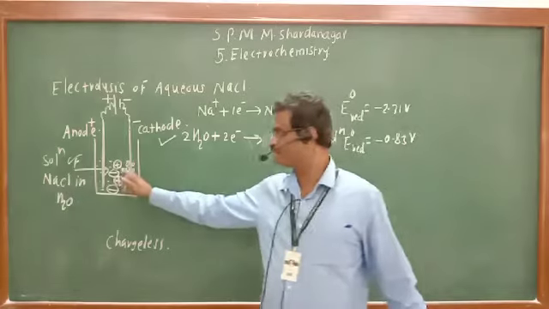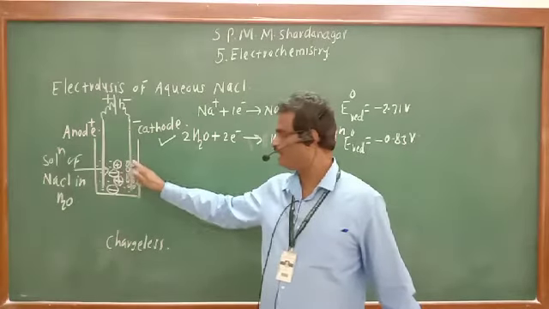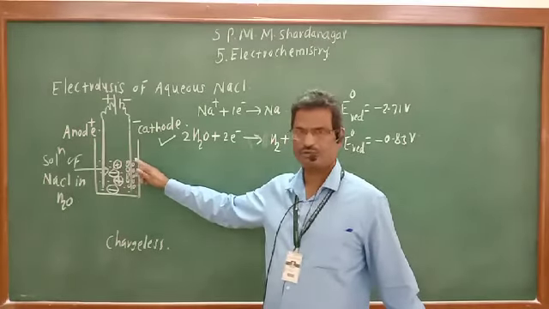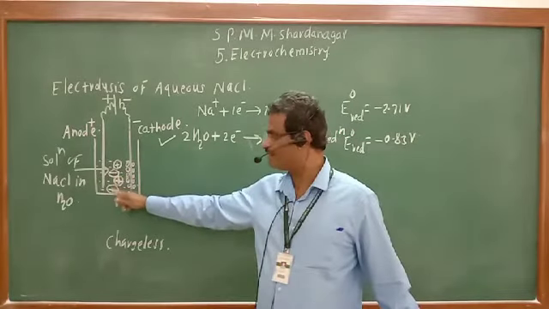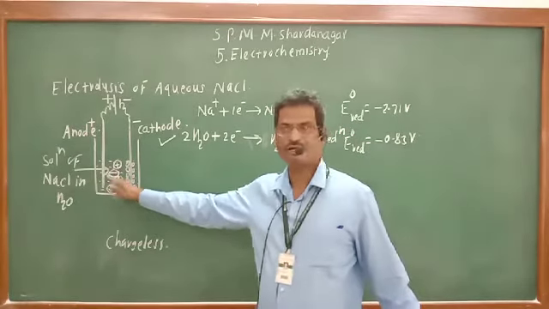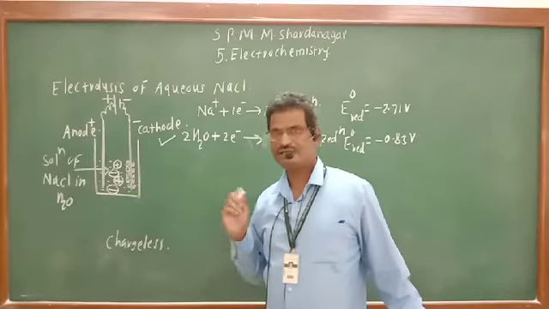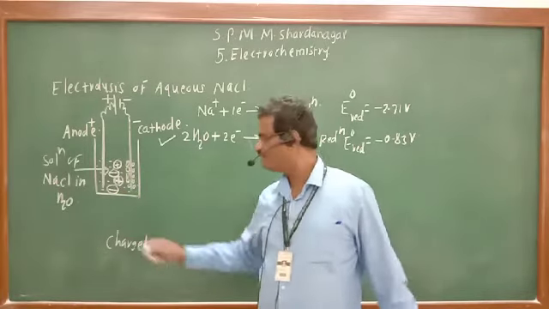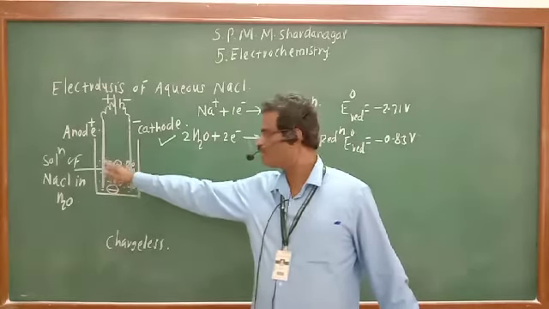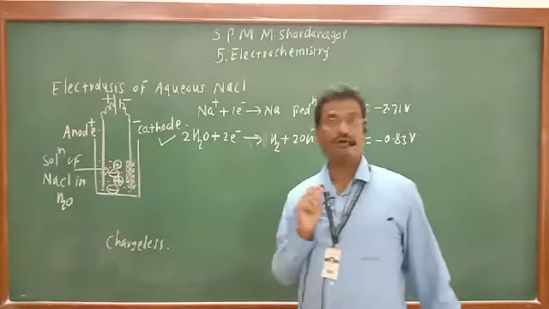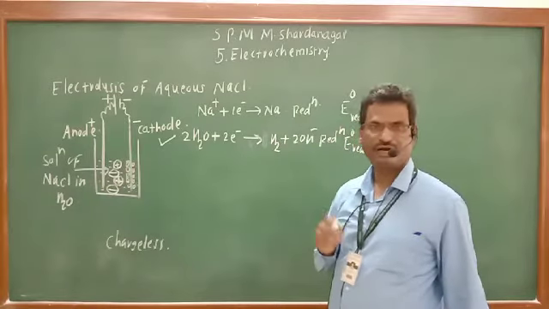Na+ ions are present in the solution, and hydrogen gas is evolved at the cathode. Now, there is competition between Cl- and OH- ions to undergo oxidation at the anode. And what happened?